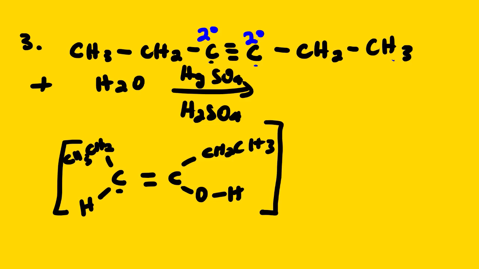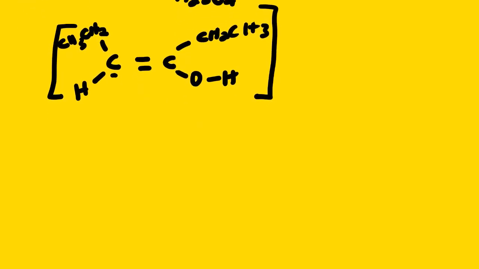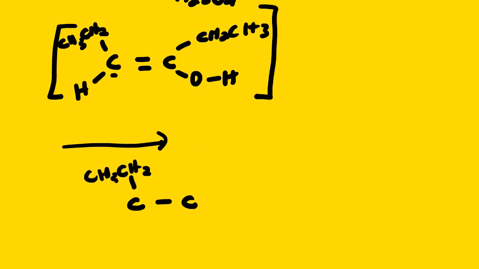It undergoes the process to form a ketone. So we are going to have CH2CH3, we have H here, then we have a double bond here. There's actually something wrong here. Here we have this part which is CH2CH3, and then we have hydrogen here.